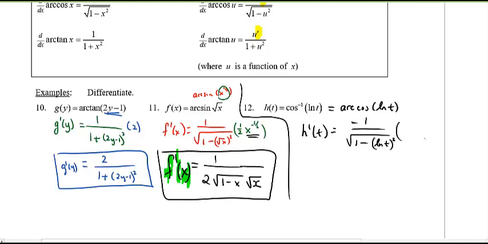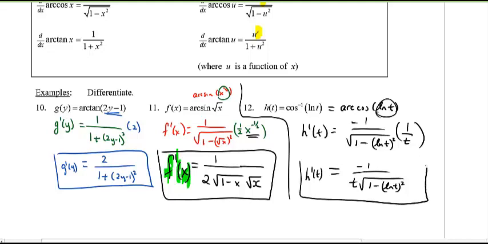And don't forget that extra little bit. And that extra little bit, of course, is the derivative of ln t. What is the derivative of ln t? Yeah, 1 over t. So, negative 1 over t root 1 minus ln t all squared. That is your derivative. Done!